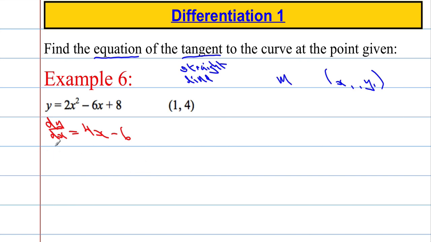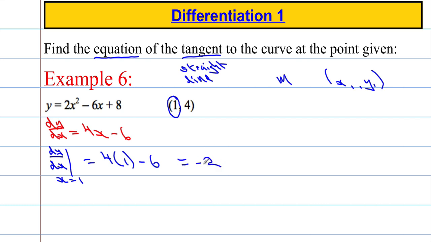So what I need to do now is evaluate dy by dx when x is equal to 1. I'm evaluating the gradient function at that particular point. So when x is equal to 1, we get 4 times 1 subtract 6, which is going to equal -2.